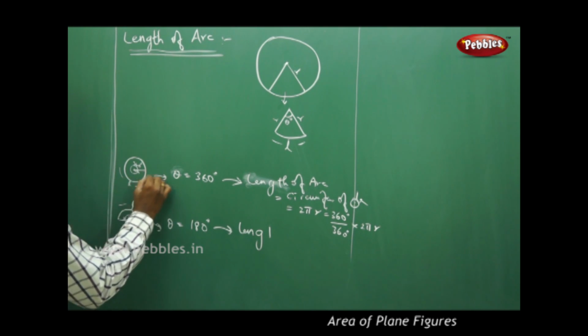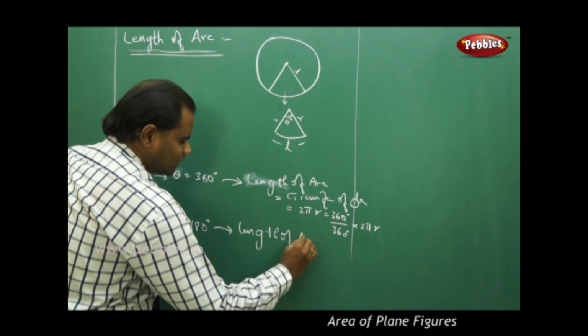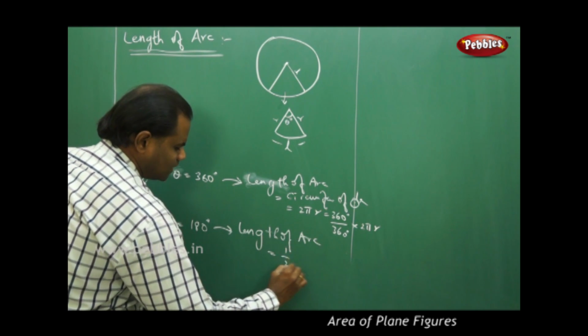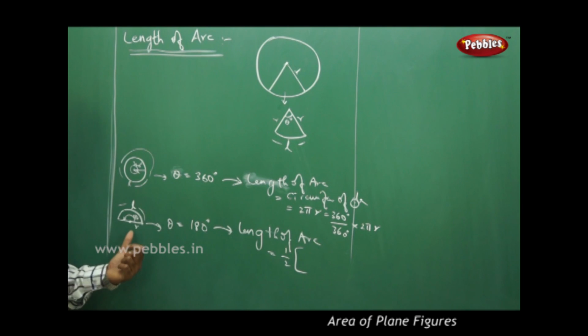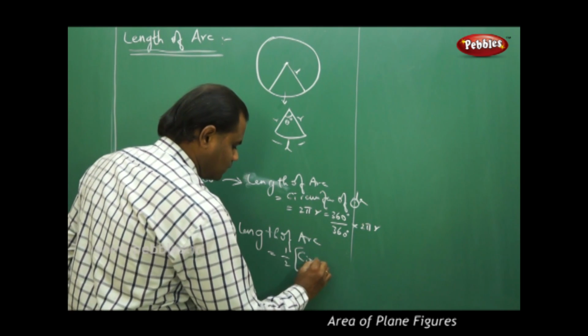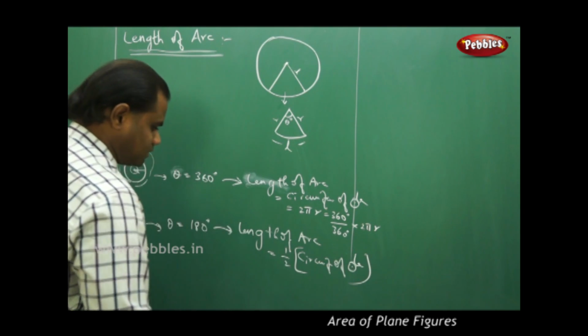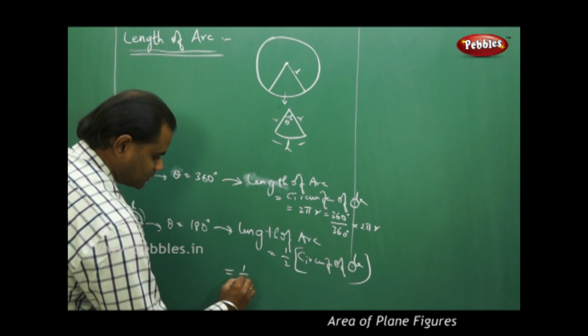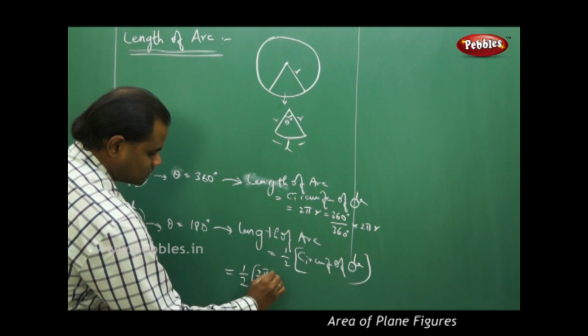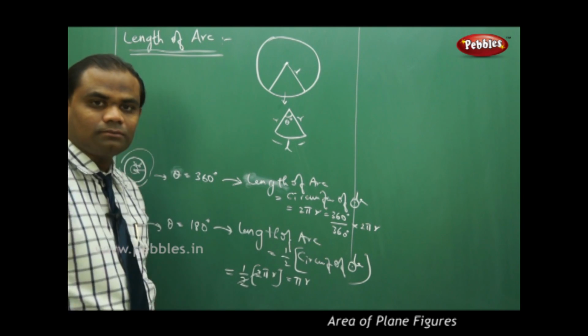The length of arc in this case is half the circumference of the circle, as we already discussed. Half the circumference of the circle, which on further simplification gives me half times 2 pi r, which is nothing but pi r.